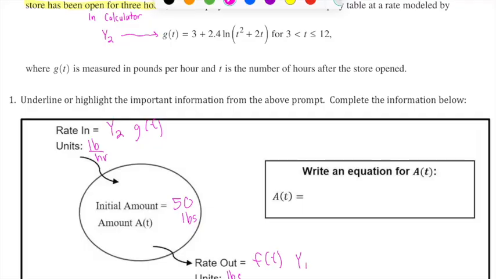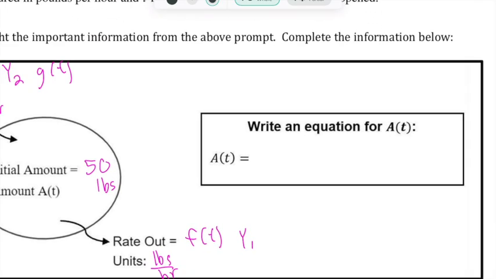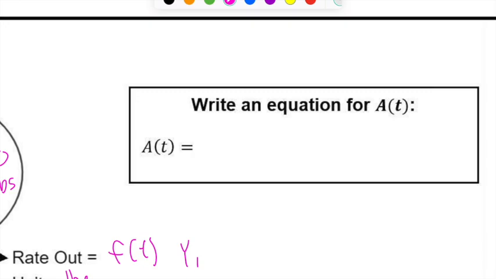If we write an equation that models the amount of bananas on the table at any one time, you're always going to start with your initial amount, which in our case is 50. And then you have your rate in function minus your rate out function.